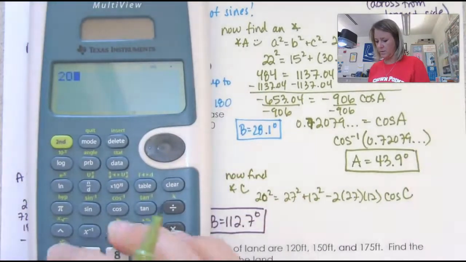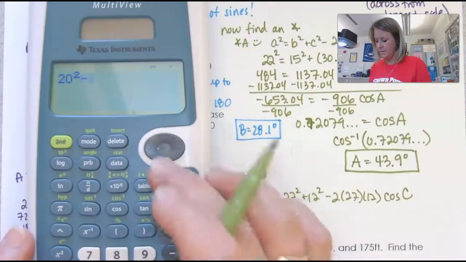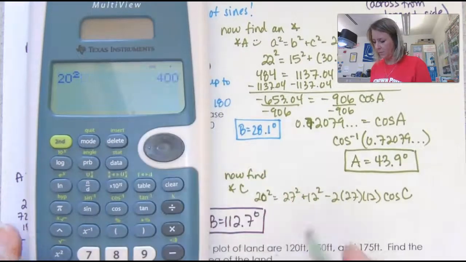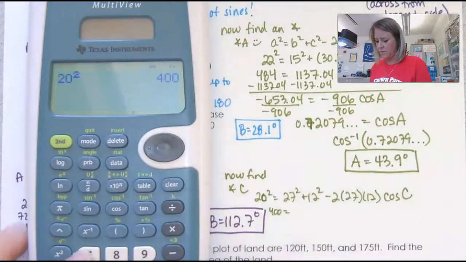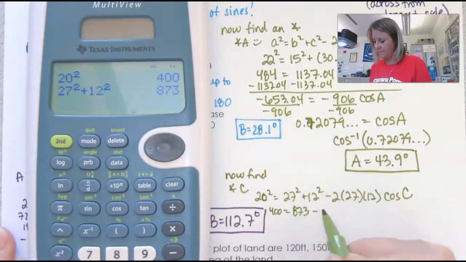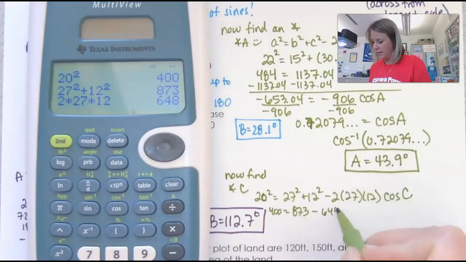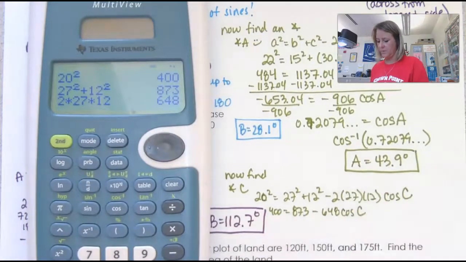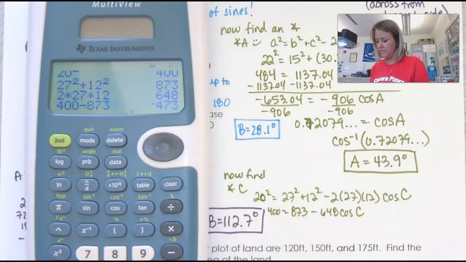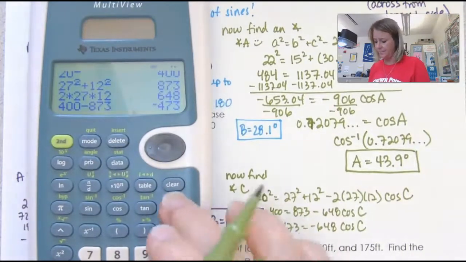Let's go ahead, 20 squared is, and you can do more in the calculator if you want. 27 squared plus 12 squared, 873, 2 times 27 times 12, 648 cosine C. So I'm going to do 400 minus 873, that is negative 473, equals negative 648 cosine C. I'm going to divide.